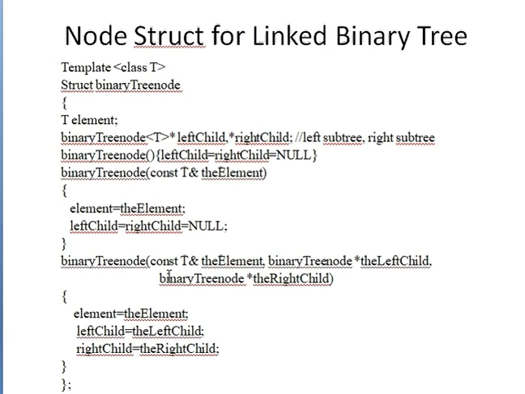The third instance of binary tree node takes all three components: element, left child and right child.